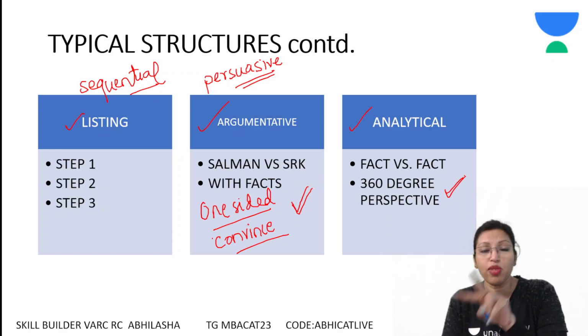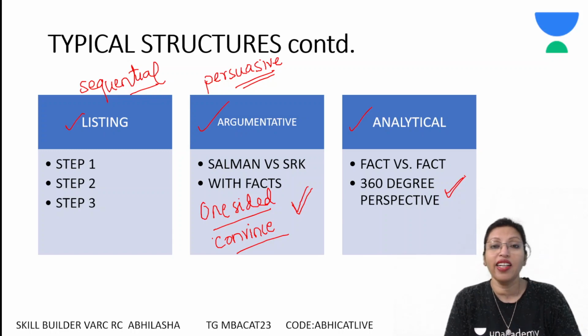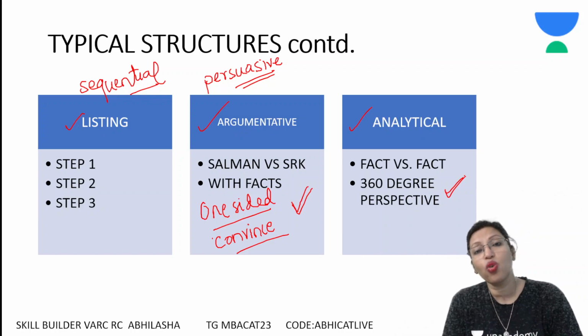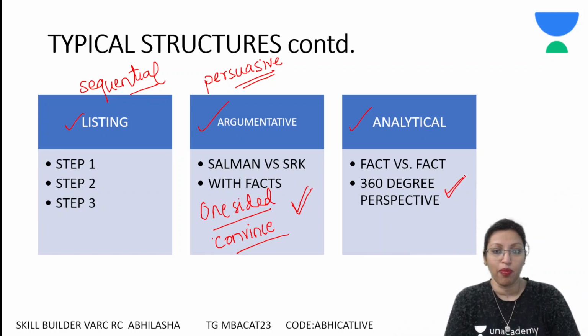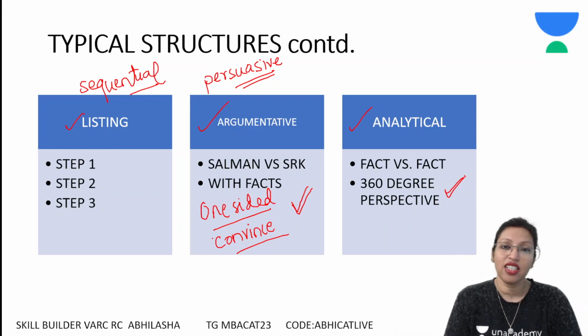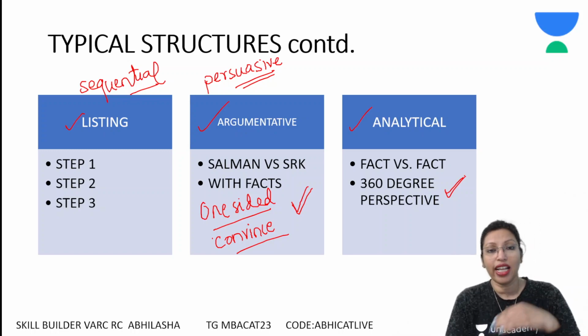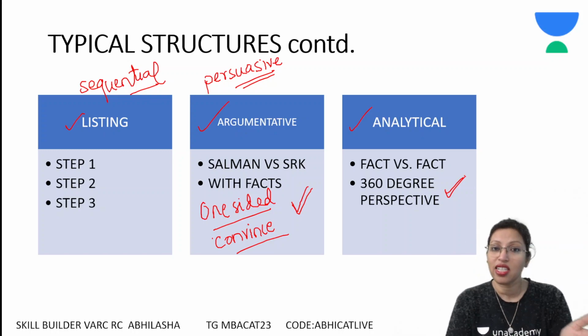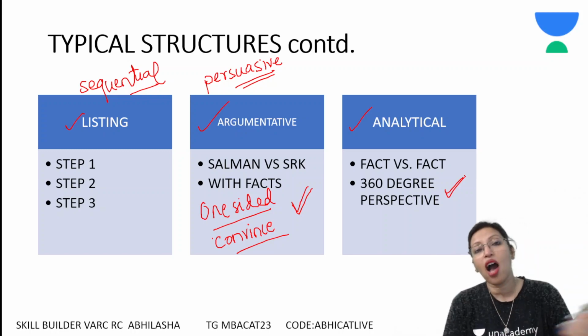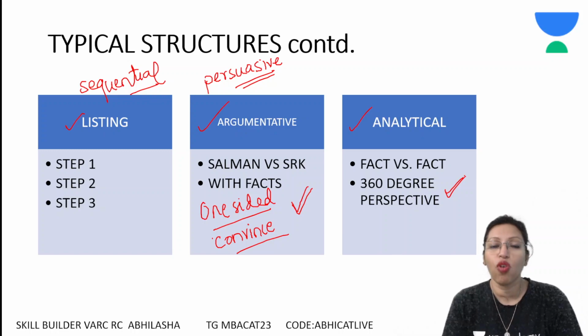So the difference between the argumentative and the analytical structure is that the argumentative structure only gives you one side of the game, but the analytical structure always gives you both sides of the story. So they will tell you, okay, this is the good side, this is the bad side, here is how you need to take it forward.